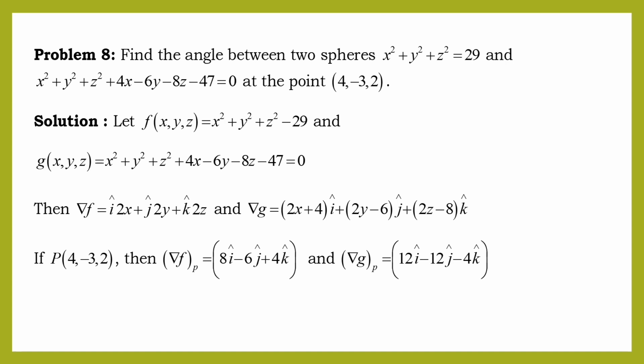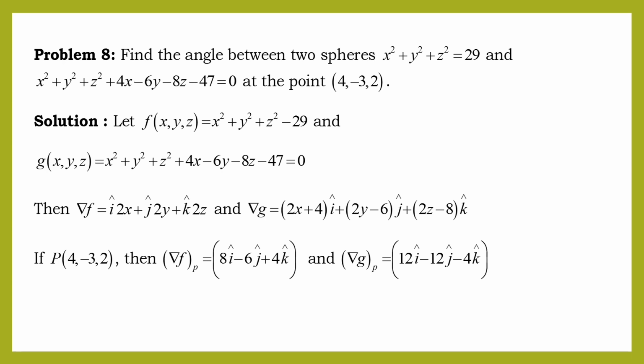To find out del f, we need to find out dou f by dou x, dou f by dou y and dou f by dou z. Dou f by dou x equals 2x, dou f by dou y equals 2y and dou f by dou z equals 2z for this function f of x, y, z equals x square plus y square plus z square minus 29.